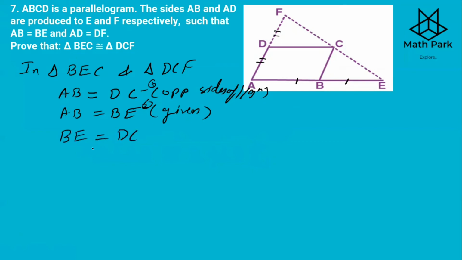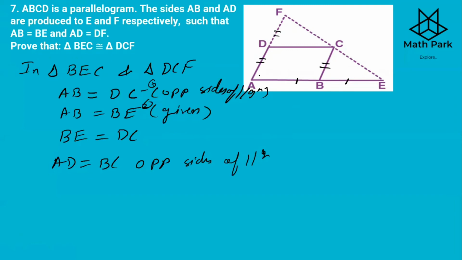So one part we got equal. What about the next part? Again, we have AD is equal to BC because they are opposite sides of a parallelogram.